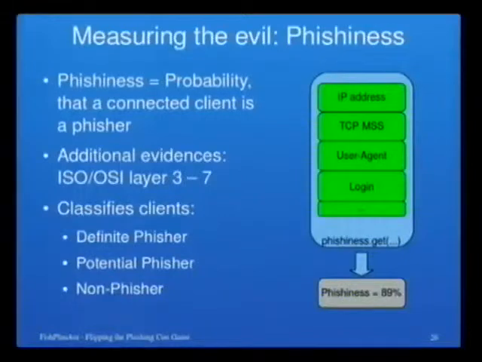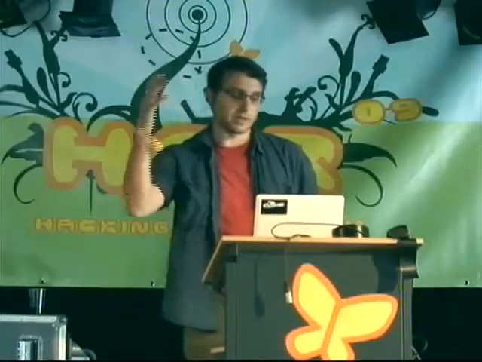The second level is a potential phisher. This client uses, for instance, an IP address which has been used by a definite phisher, for instance, 30 minutes ago. So we cannot say it's a definite phisher or definitely a non-phisher. We just say, okay, we will analyze this client further. The third level is the non-phisher.